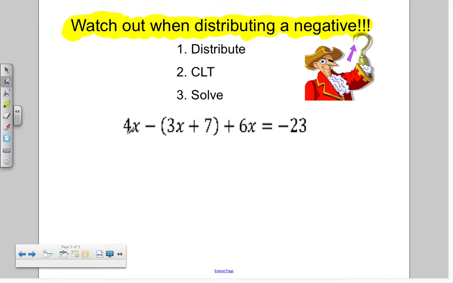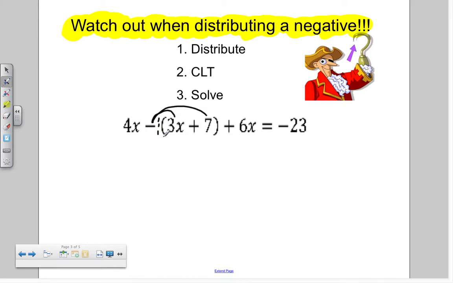So if you see this says 4x minus parenthesis 3x plus 7 parenthesis plus 6x. When I'm distributing, I actually am distributing a negative here. This negative is being distributed into the parentheses. Some people like to say, well, negative, just the negative, it actually is a negative 1.